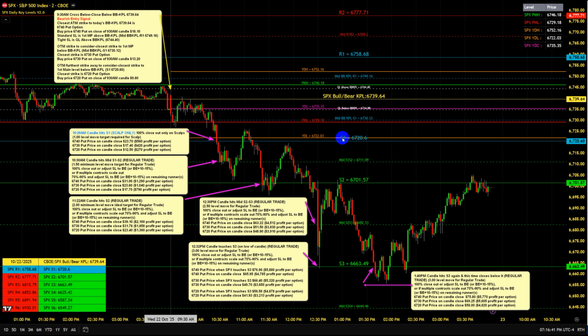In this case, 1 full level away is S1 in the direction that we're trading, bearish, which is going to be below, and that's 67.20.60, so that would be the 67.20 put. The 67.20 put price on the close of this candle is $9.80. As you can see here, that's not quite half, but it's nearly half the price of the at the money.